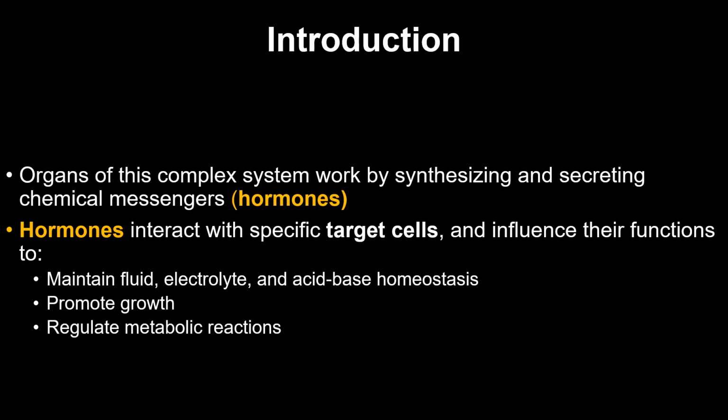And so, as I said, these endocrine organs work together, secreting hormones into the blood. These hormones are long-distance traveling messengers that travel to very specific target cells within target tissues, and they influence their functions to basically maintain homeostasis.